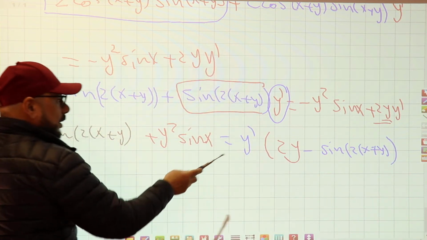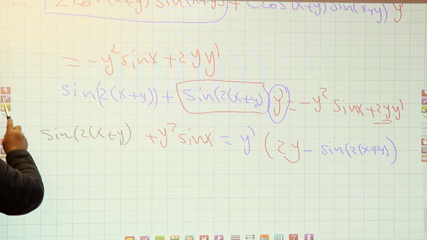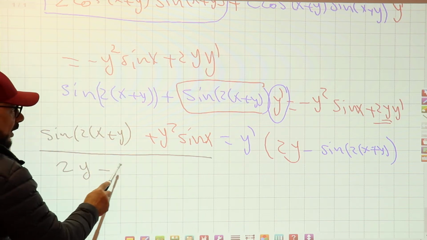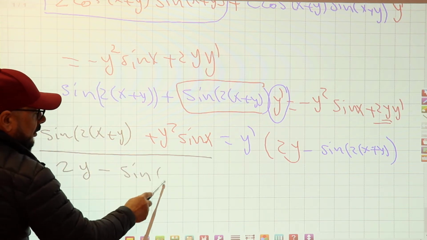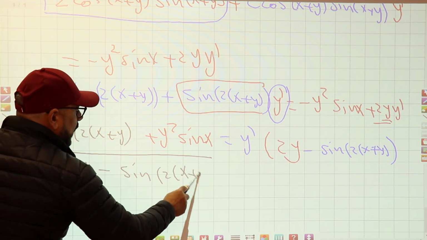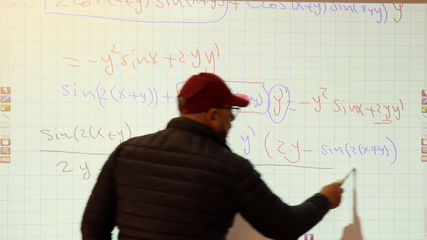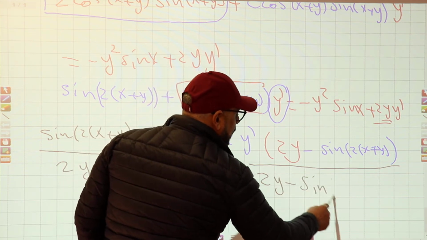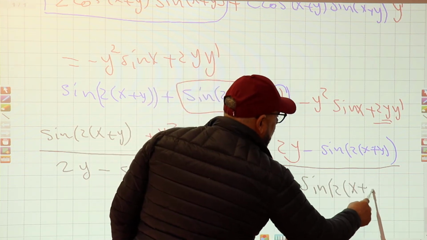Then we need y prime, so we divide both sides by 2y minus sine 2(x plus y).